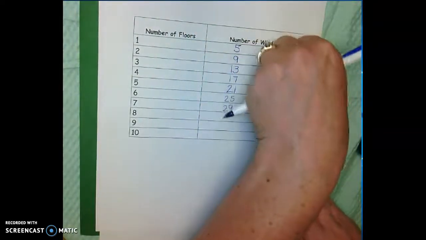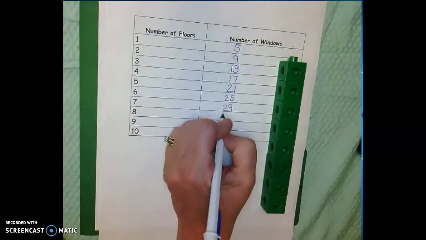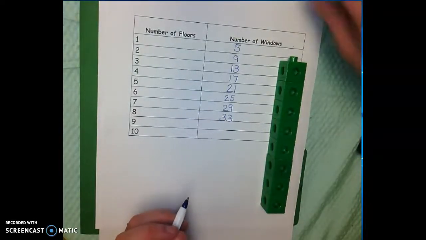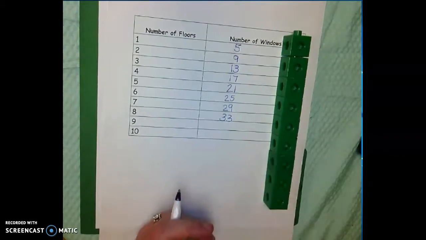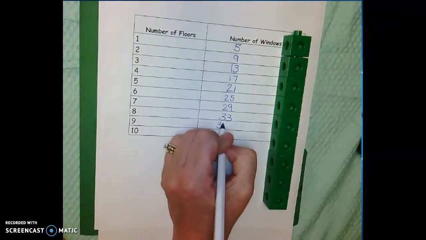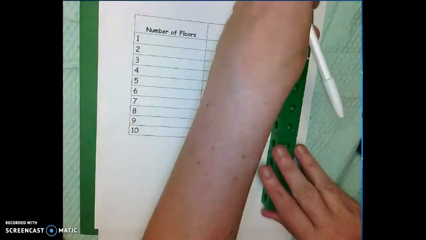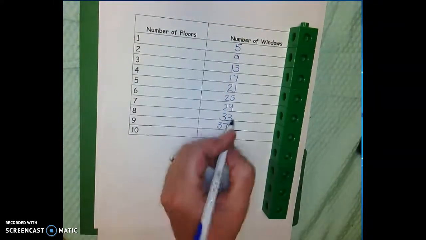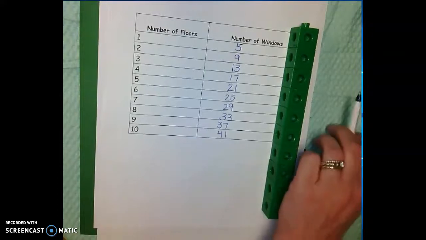What about 8 floors? 8 floors would be 33 windows. And 9 floors, that would be 37 windows. And finally, 10 floors on our single tower. That would be 41 windows.